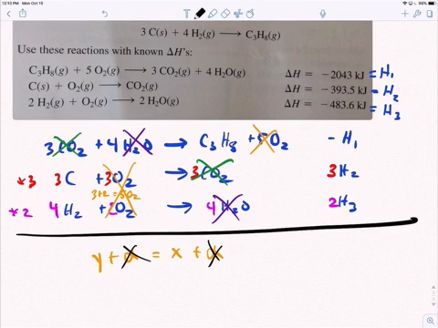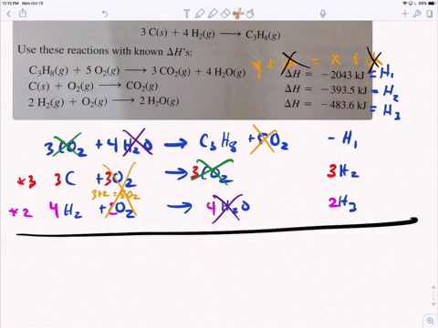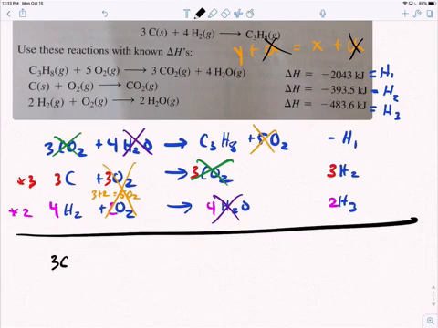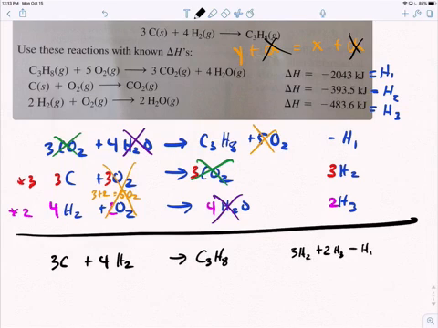And then adding them together, I'll just move this. Adding these together, I get 3 carbons plus 4 hydrogens yield C3H8, and I get 3H2 plus 2H3 minus H1 as the heat of reaction.